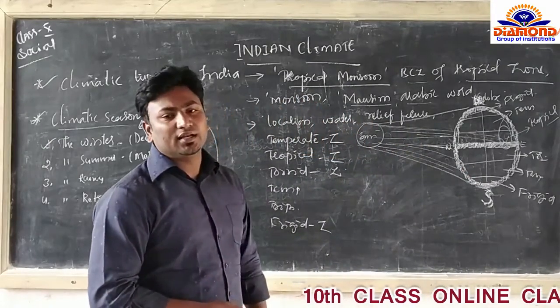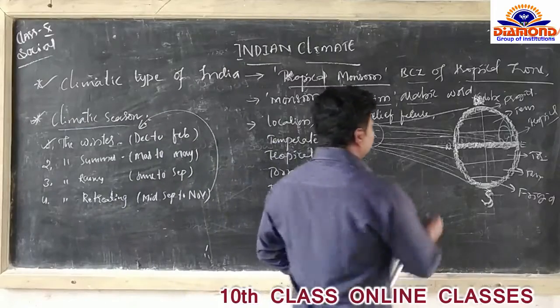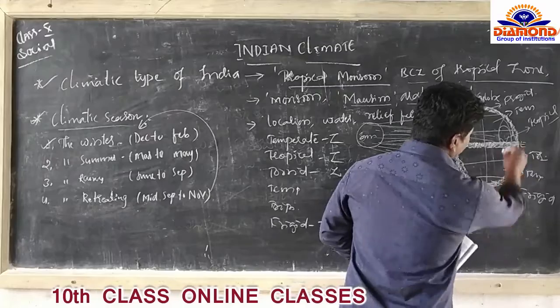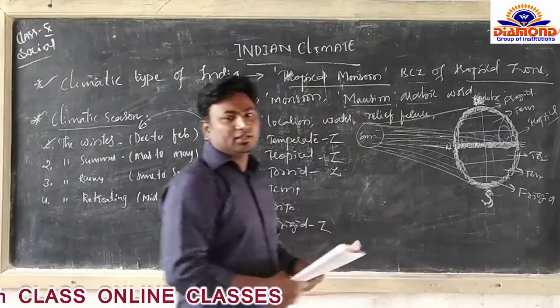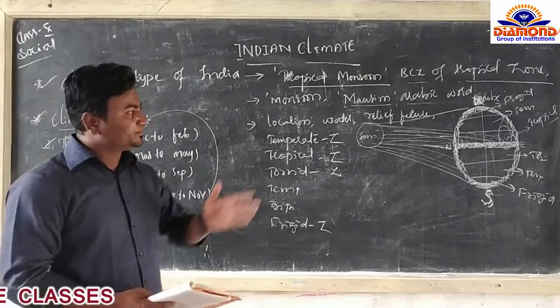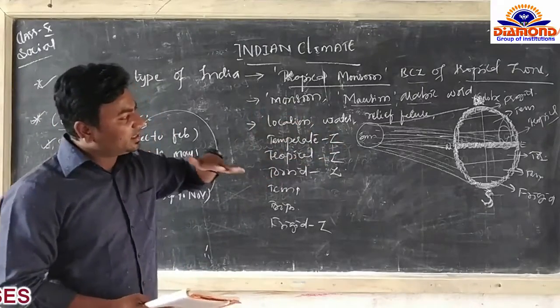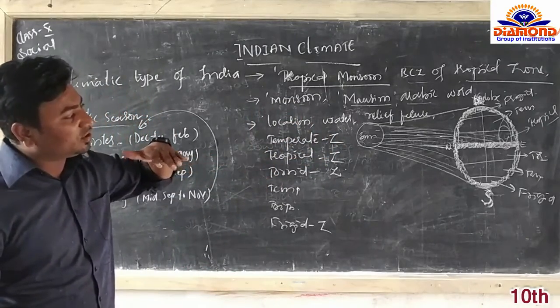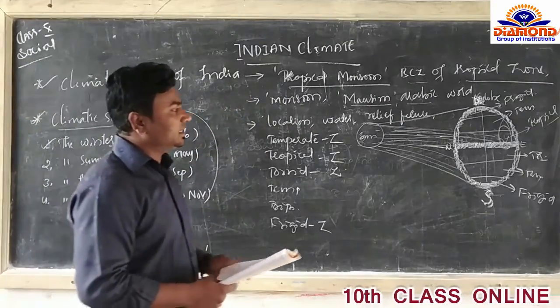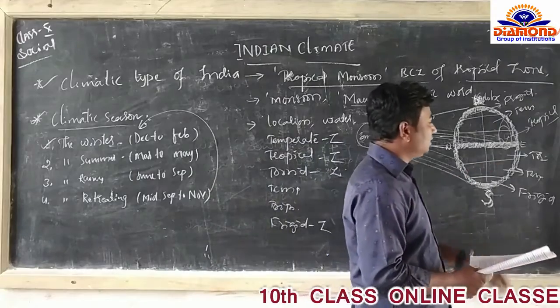Our location is also on a little part of the earth in the south, in Southeast Asia, and we are not completely in the torrid zone. We also come over this south part of the earth.